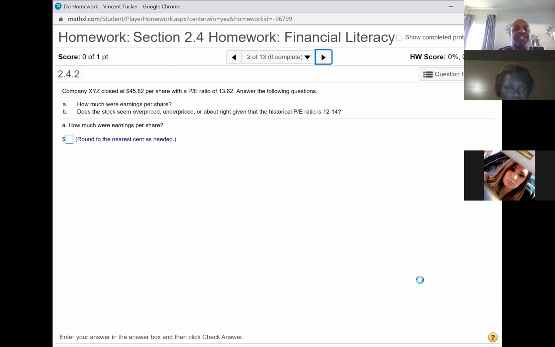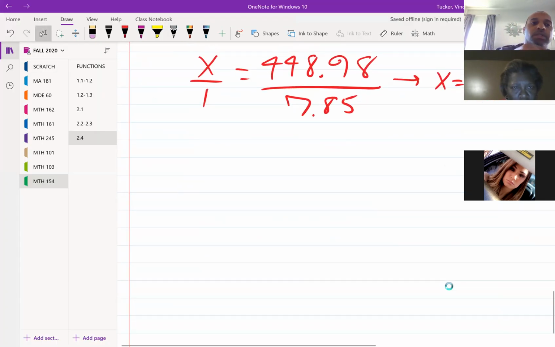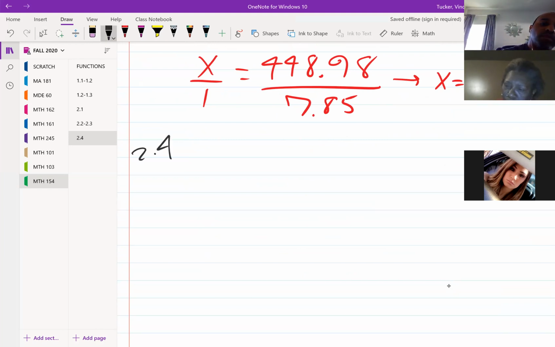So it says the company XYZ closed at $45.82 per share, with a PE ratio of 13.62. Answer the following questions. How much were earnings per share? So let's go back to the notes. So this is 2.4.2.